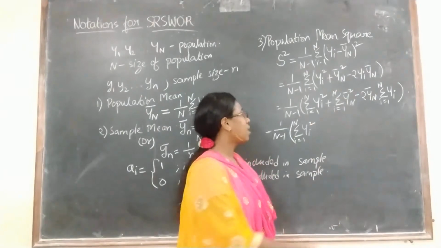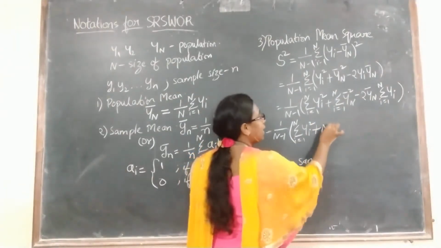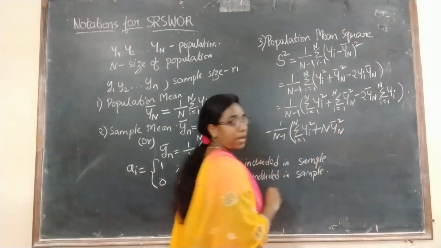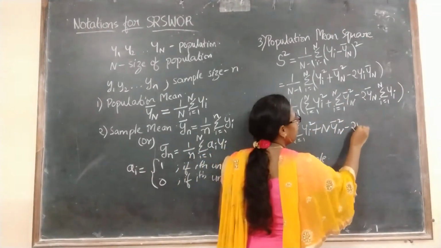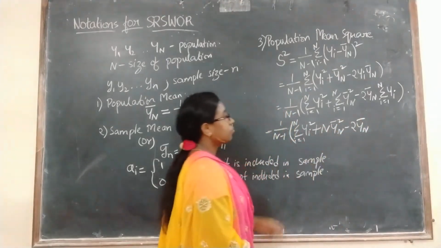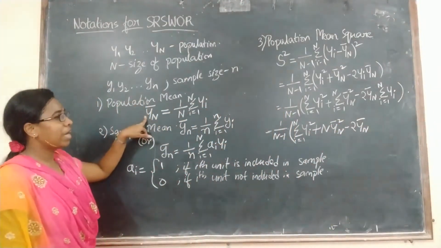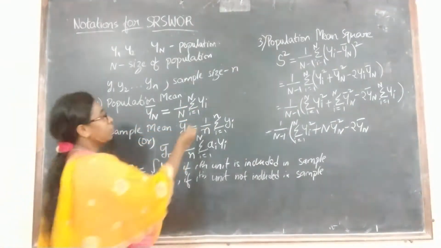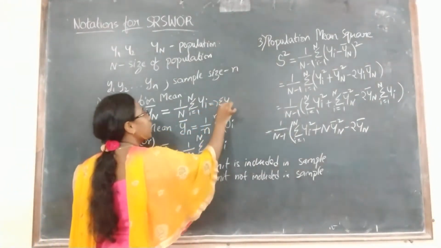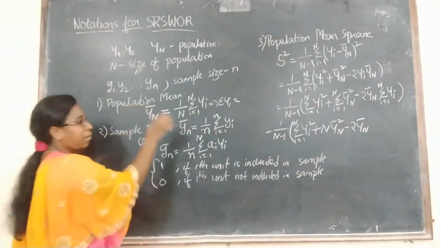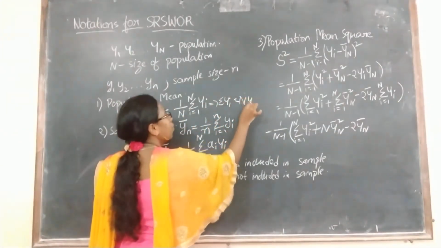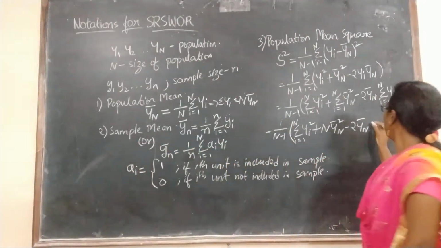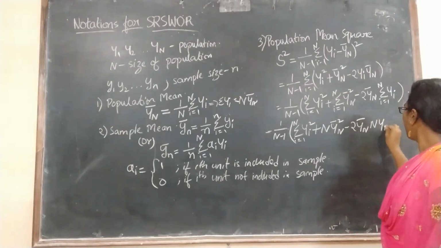So in place of summation I can write directly capital N: capital N into y N bar square minus 2 into y N bar as it is. And what is the formula for y N bar? y N bar is 1 by N summation yi. So from this, what will be the summation yi value? This N will come to this side, and you will get N into y N bar. So in place of summation yi, I can write N into y N bar.